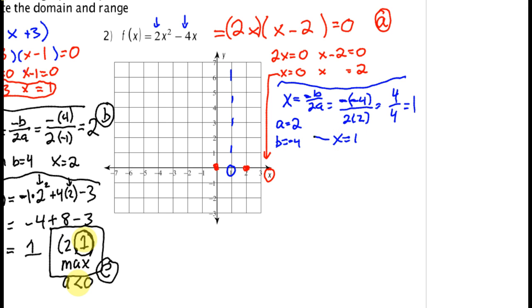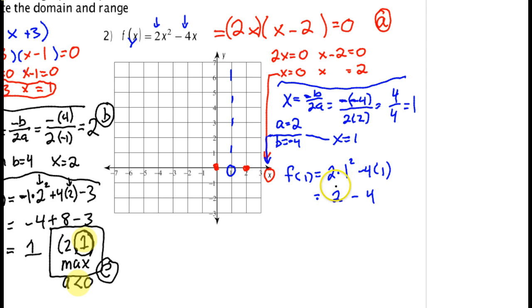Once again, when you have x equals, that means it's on the x-axis. Plug that in, figure out what y is now, or f of x, I guess I should say. f of x and y are the same thing. So let's say f of 1 is 2 times 1 squared minus 4 times 1. So we get 2 minus 4.